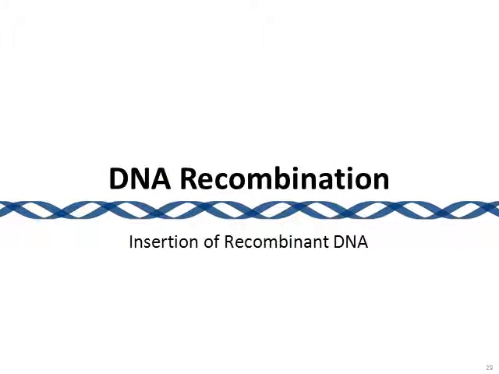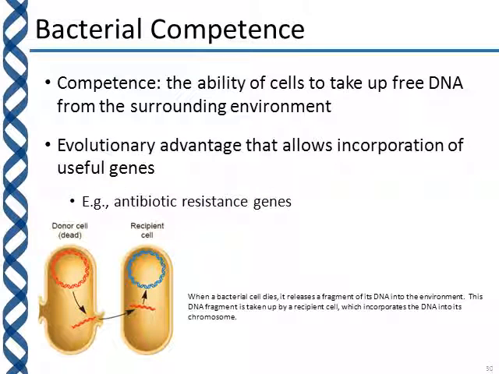The next topic we're going to cover is the insertion of recombinant DNA. So, bacterial competence, that is the ability of cells to take up free DNA from the surrounding environment. The evolutionary advantage of this is that it allows the incorporation of useful genes, such as the acquisition of antibiotic-resistant genes.